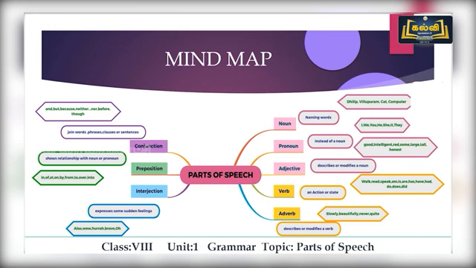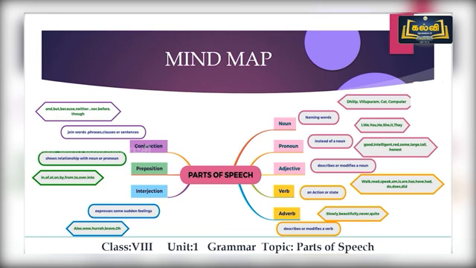Adverb. Adverb describes or modifies a verb. Example, slowly, beautifully, never, quite. Conjunction. Conjunction joins words, phrases, clauses, or sentences. For example, and, but, because, neither, nor, before, though.